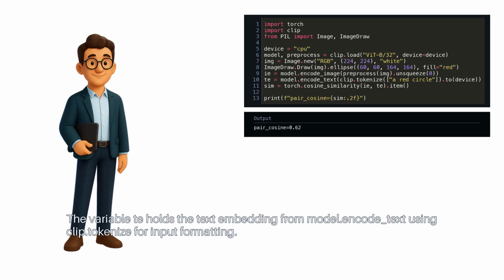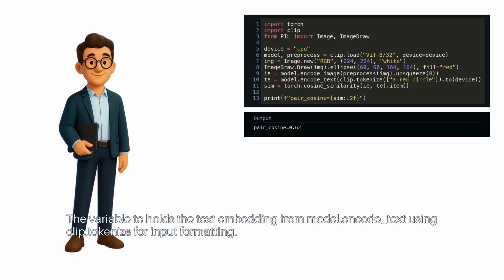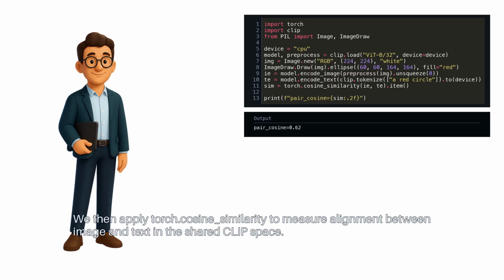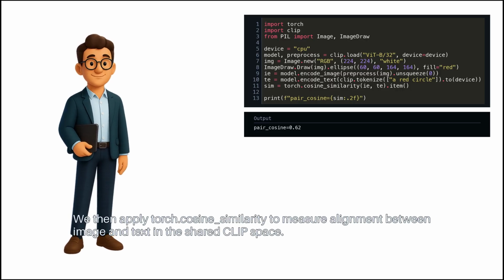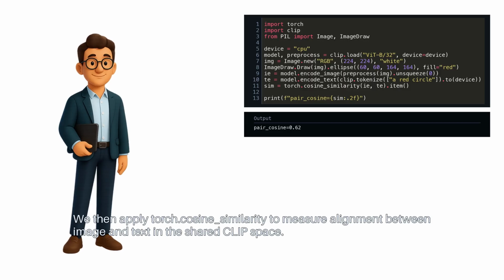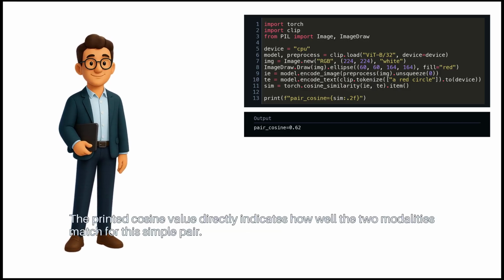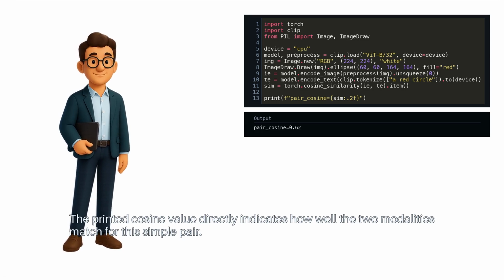The variable TE holds the text embedding from model.encode_text using clip.tokenize for input formatting. We then apply torch cosine similarity to measure alignment between image and text in the shared CLIP space. The printed cosine value directly indicates how well the two modalities match for this simple pair.